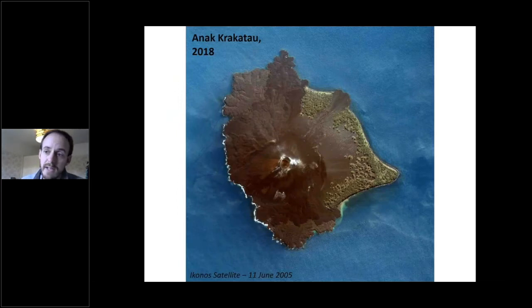So this is maybe the best known island collapse. It occurred only a bit over 3 years ago in December 2018. Now, the whole island of Anak Krakatau has grown up since about 1927, which is when activity was first observed subaerially here.